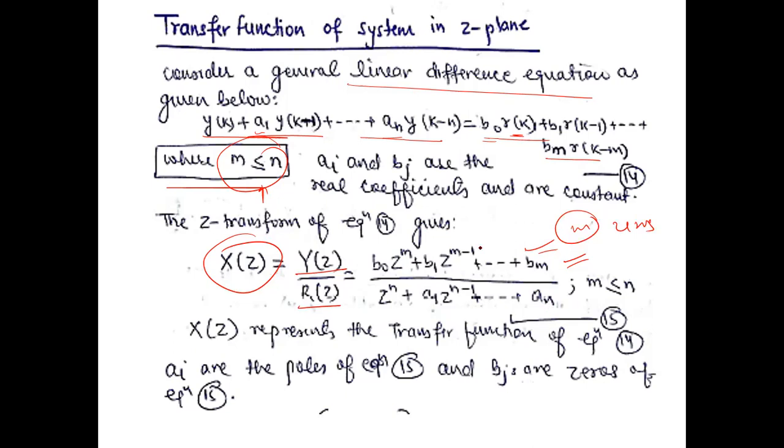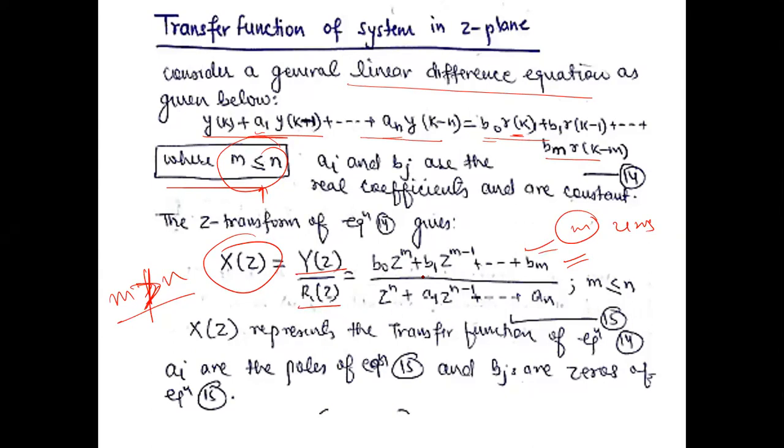So number of zeros shall always be less than number of poles. Ideally we can have number of zeros equal to number of poles. However, we cannot have m greater than n. We cannot have more zeros than poles in any given transfer function.